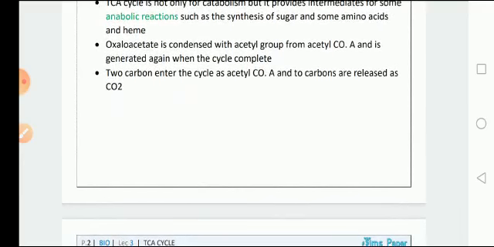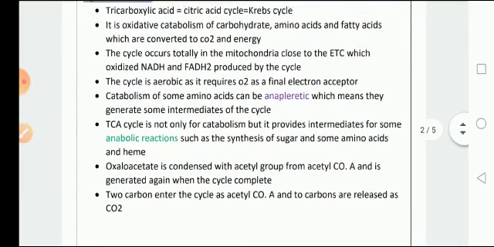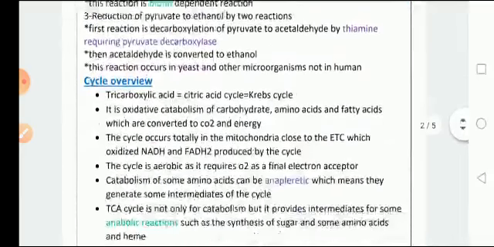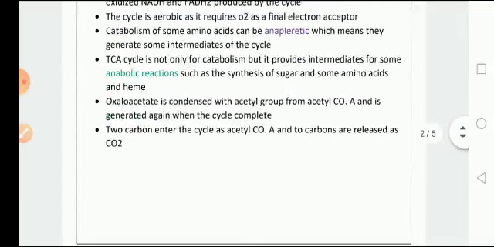Oxaloacetate is going to be condensed with the acetyl group from acetyl-CoA. Remember, acetyl-CoA was produced by oxidative decarboxylation of pyruvate. Oxaloacetate would be regenerated by the end of the cycle, so it's generated again when the cycle is complete.